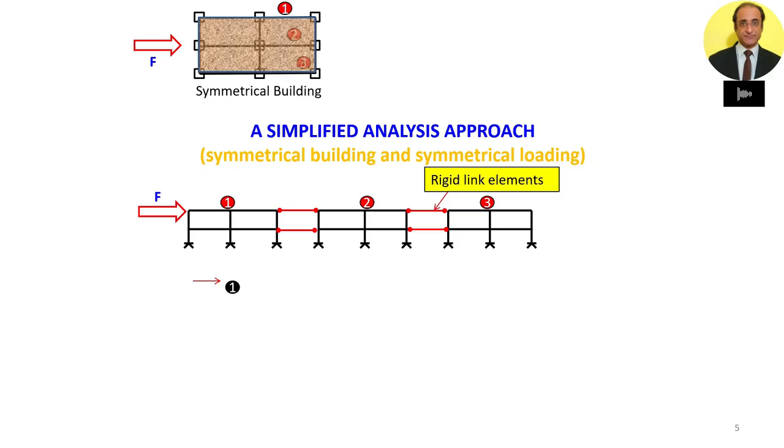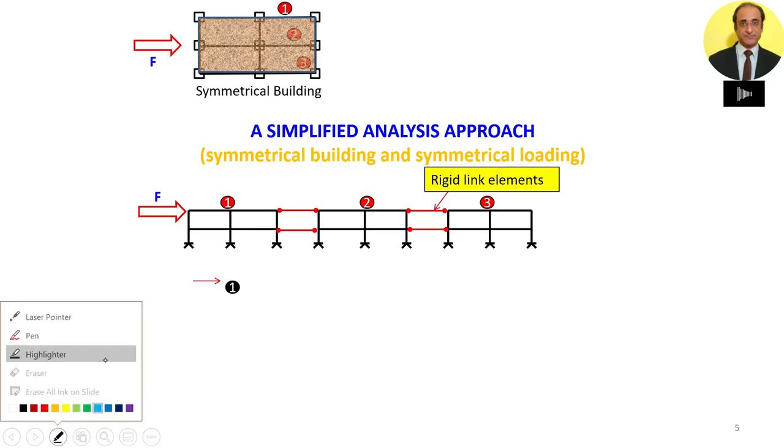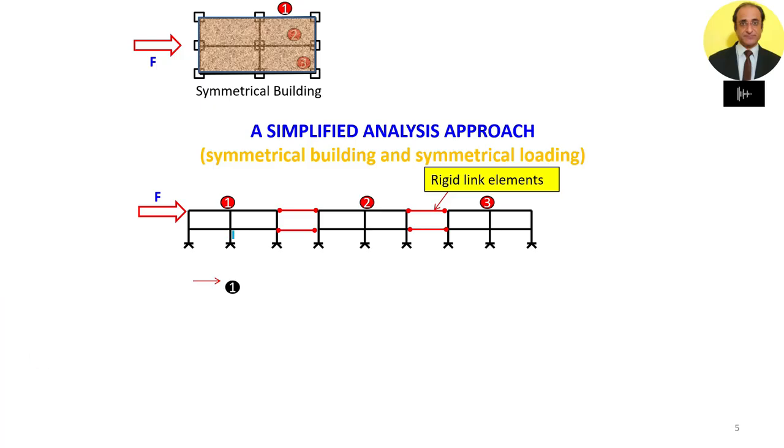So in this particular case, we can find out how much force is carried by each frame in terms of the reactions we get at the bottom. So typically if we find out the reactions at the bottom, we should be able to find out how much force each frame carries.